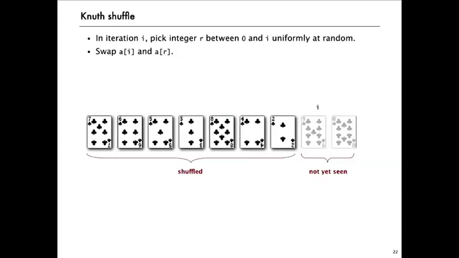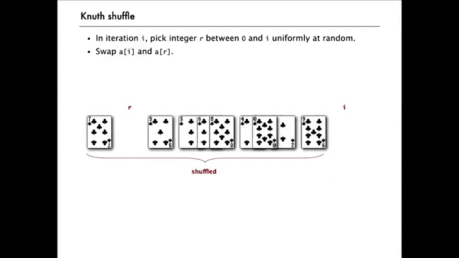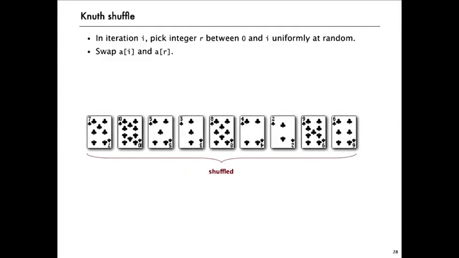The point is that the cards to the left of I are uniformly randomly shuffled. In this case, I and R are the same. There's no swap. Increment I, generate a random R, swap them, and at the end we have the deck shuffled.